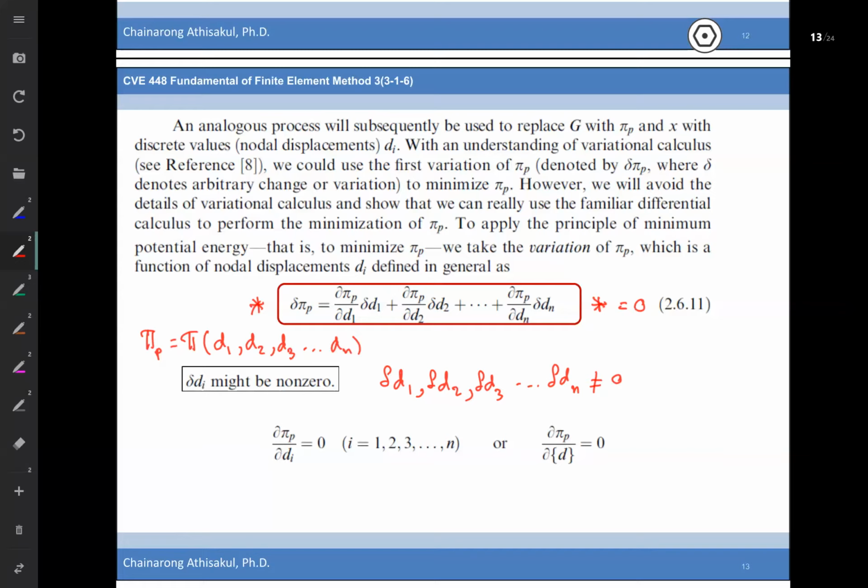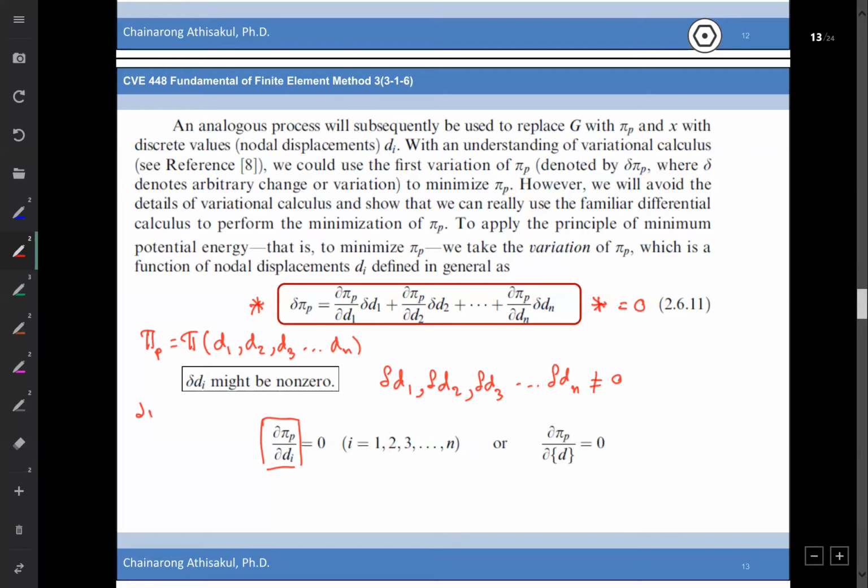for the case where the variations of d1, d2, d3 and also dn are not equal to 0, from this equation we will obtain n equations. They represent the partial derivative of the function pi with respect to the nodal displacement di.